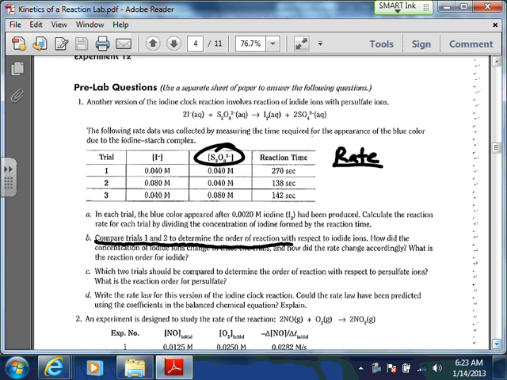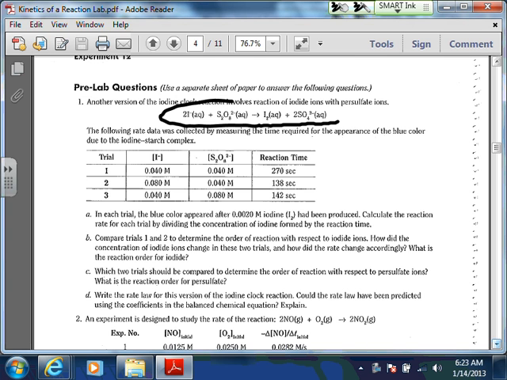So after you find the order with respect to I minus and S2O8 2 minus, they're asking you to write the rate law. Could the rate law have been predicted using the coefficients in the balanced chemical equation? Hopefully we know the answer to that question by now. This, to me, does not really look like an elementary step.